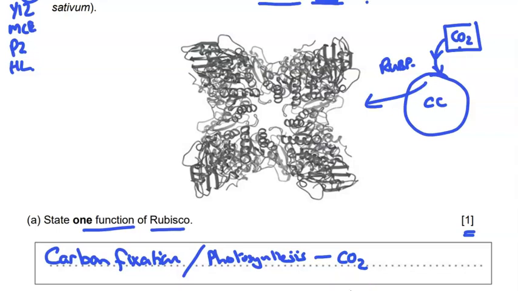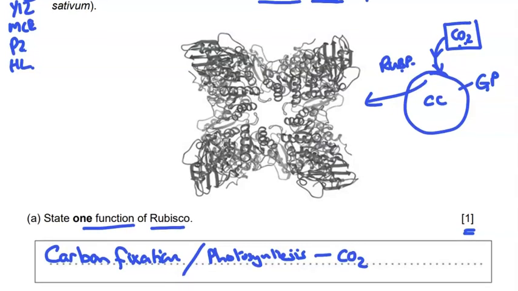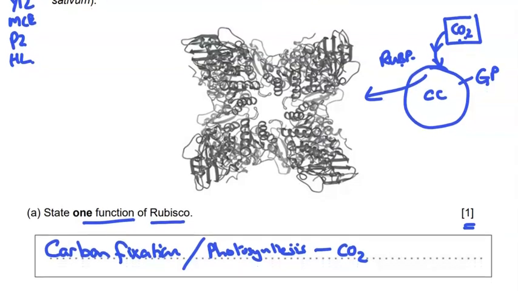So words which allude to carbon dioxide being combined in the Calvin cycle with RuBP to form glycerate phosphate. Words to that effect. But carbon fixation is the proper answer.